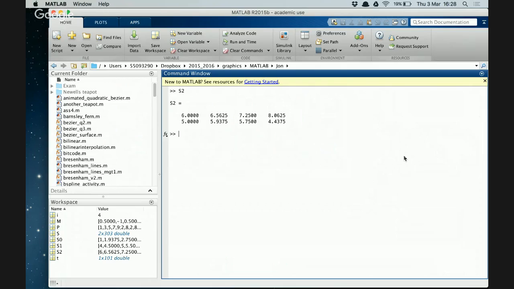Okay, so if you plot them, you get something like that.